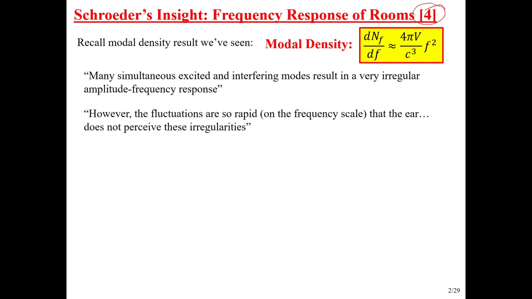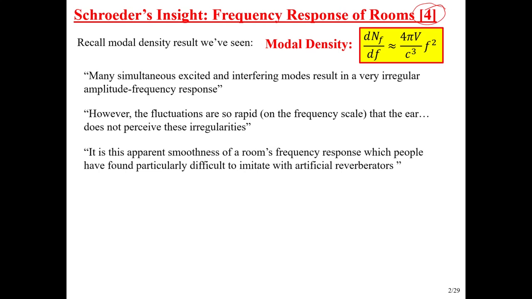This isn't coming out of this formula, but out of what people perceive for good room reverbs. From actual real room reverbs, people don't perceive all these ups and downs in the frequency response. They just hear it as a nice flat thing, so it's not coloring the sound at all.